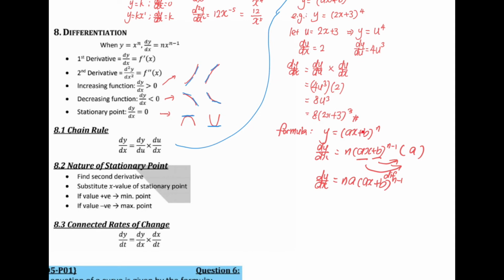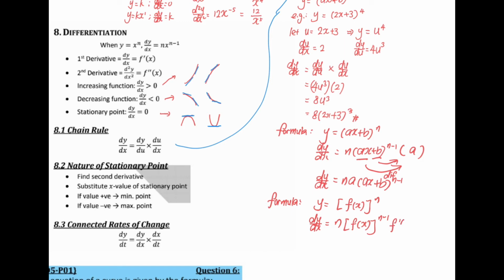Of course, our formula can be more general. It's not just for linear form in the bracket. Even other forms like quadratic, cubic, or reciprocal form, we can do in a similar way. So if you have y equals, whatever form, in general I just call it f(x) to the power of n, the differentiation is you bring the n in front, then multiply with f(x) again, and the power of f(x) is n minus 1 now.